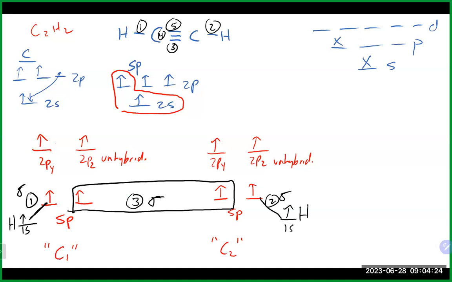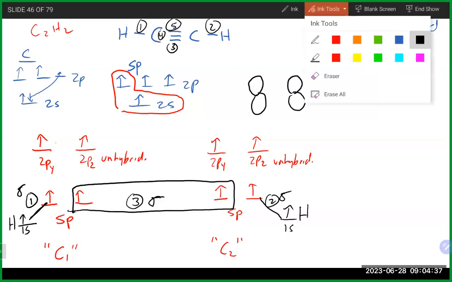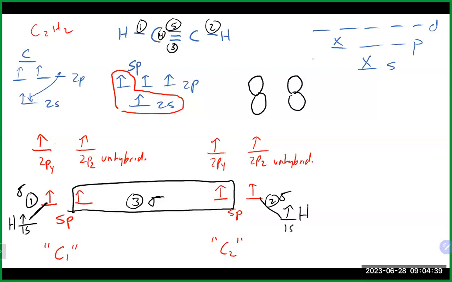Now, what is left to make the rest of our triple bond is our unhybridized p orbitals. So you basically have those p orbitals on different 3-dimensional axes here, and my bad drawing. So we'll try it this way and see how I do.